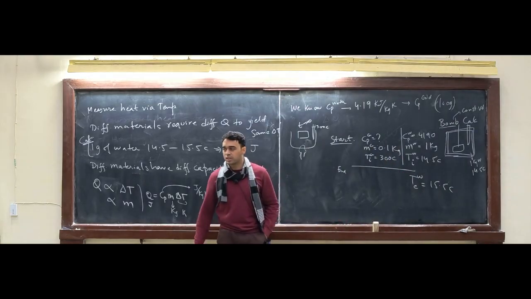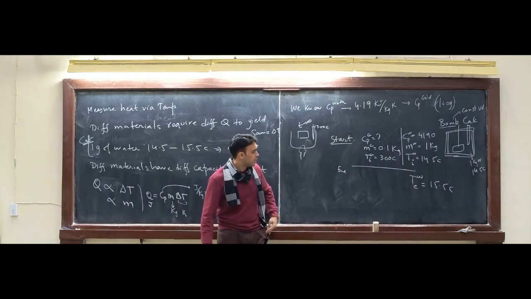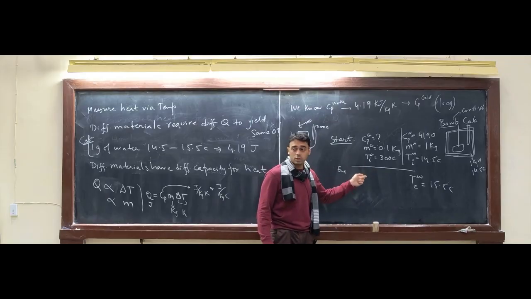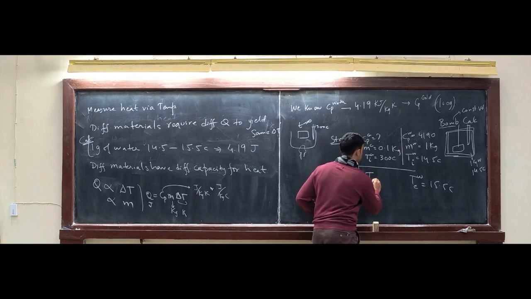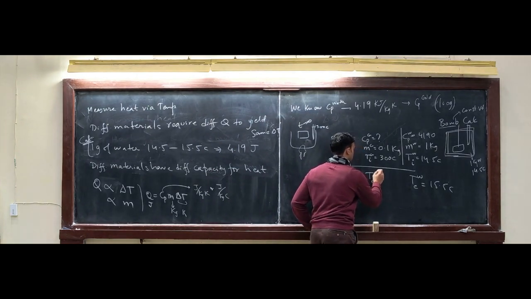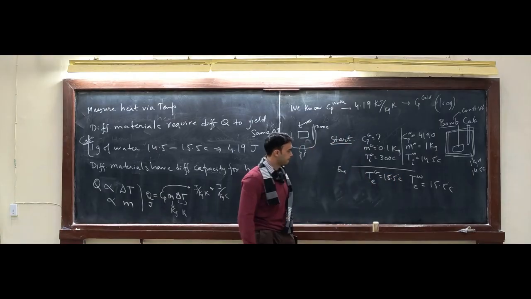Just 1 degree rise has happened. What do we write for gold as well? Same temperature, same thing. And gold is 15.5 degrees Celsius.